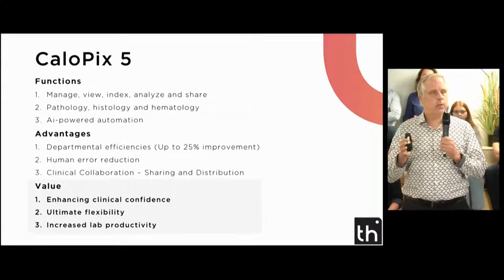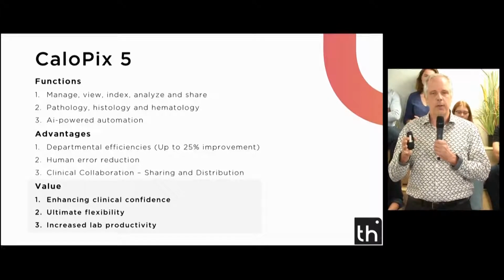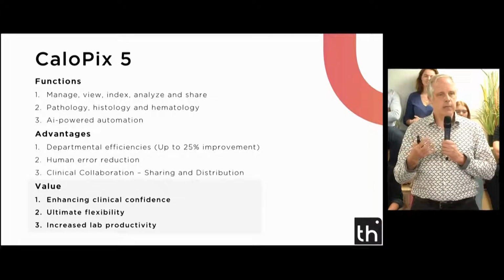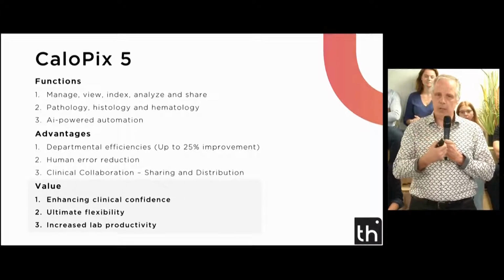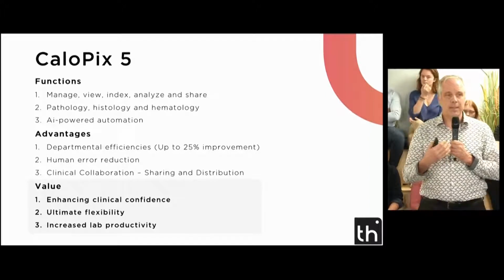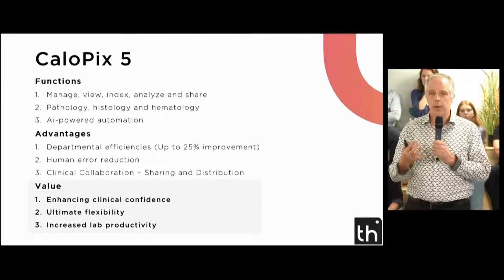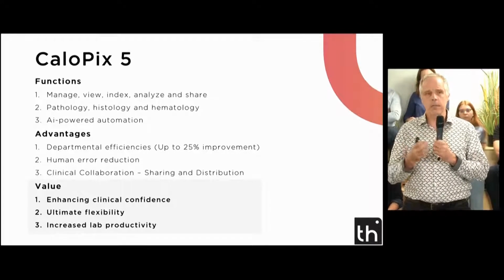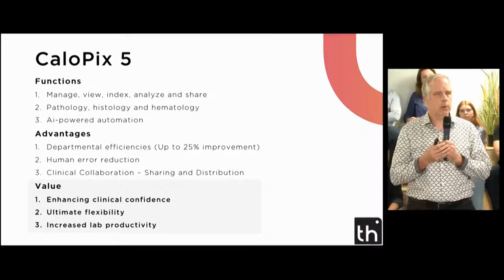The first one I'll talk about is the pathologist. What we have done as Tribun is we've done studies to demonstrate that moving from an analog platform into a digital environment, you can save upwards of 25% in time for that pathologist in terms of their time review, and upwards of 18% in their turnaround time for report generation.